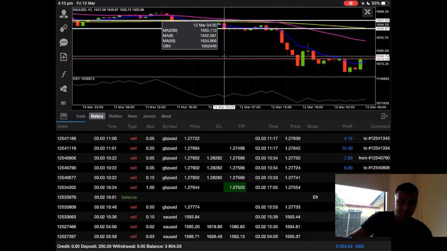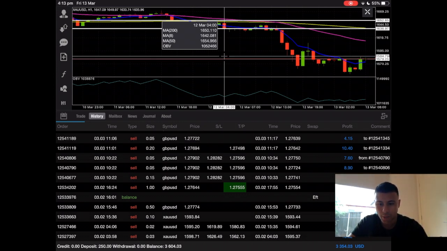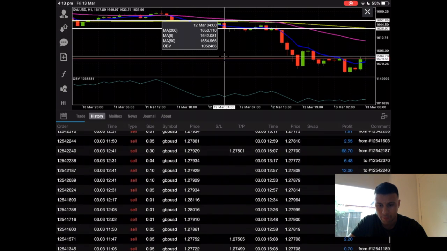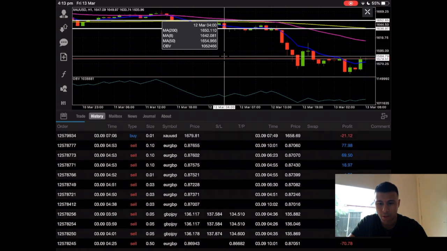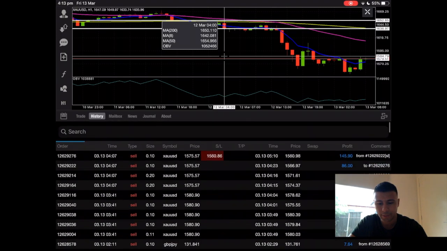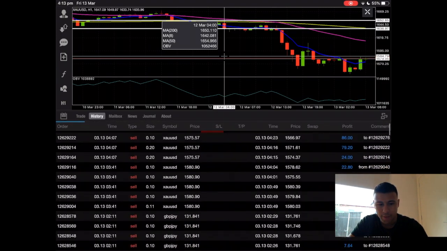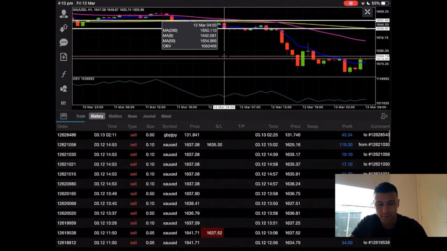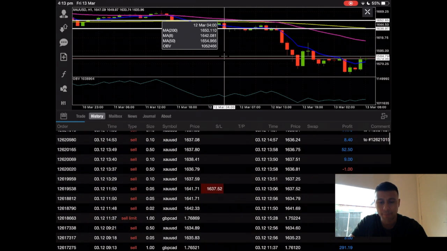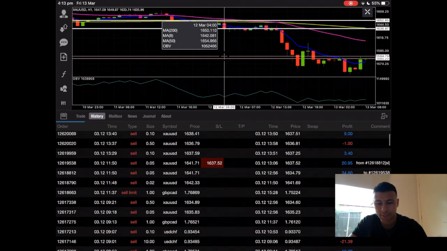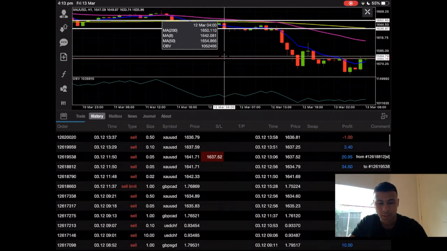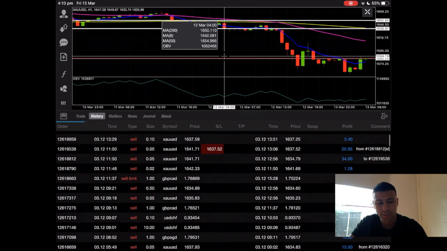Okay, so I'll scroll up. Alright, today's trades. I took a couple of losses. As you can see, blue is basically profits, and red is obviously negative, so those are losses.